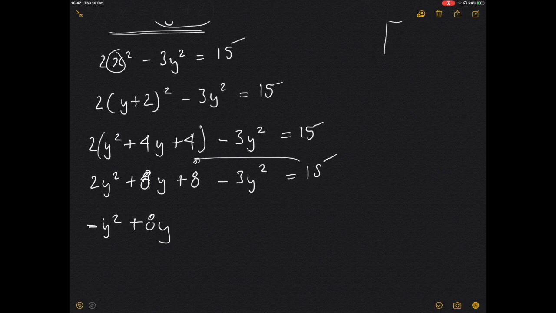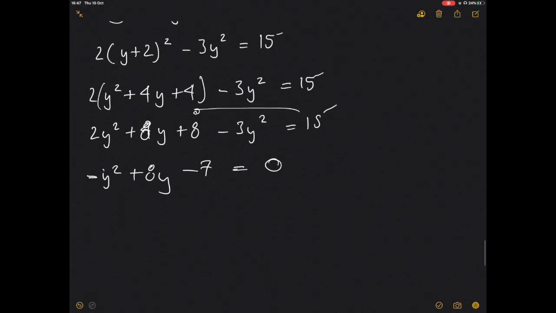That'll be minus 15 plus 8, which gives us negative 7, and that equals 0. We have a negative term here, so we can multiply all the way through by minus 1. So we now have y squared minus 8y plus 7 equals 0.